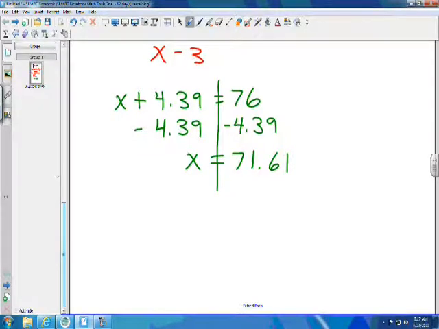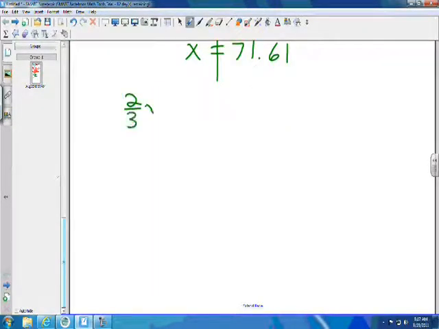2/3 X equals negative 18. All right, these are a little more tricky.